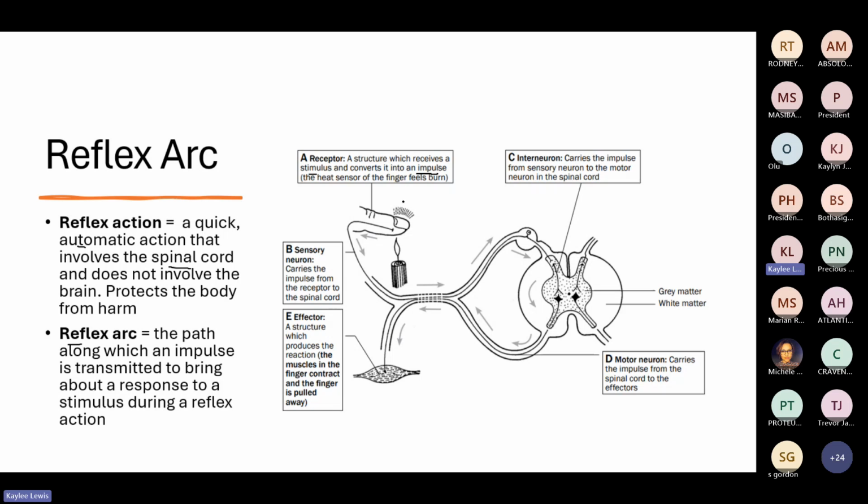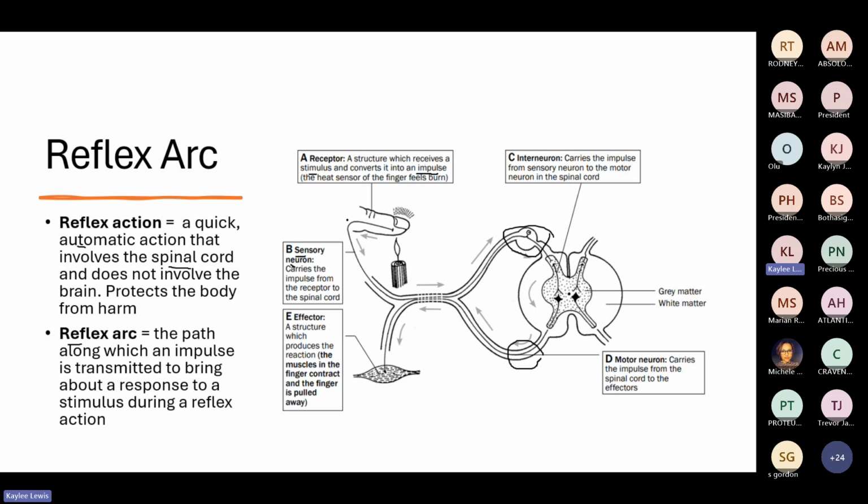From there, the impulse travels along sensory neurons to the spinal cord. And through what? Root of the spinal cord is the sensory neuron taking the impulse along. Remember, it's going to be the dorsal roots. So dorsal roots, and your bottom one is going to be ventral roots. So your impulse is generated from the receptor.